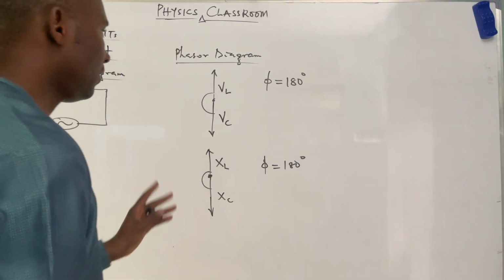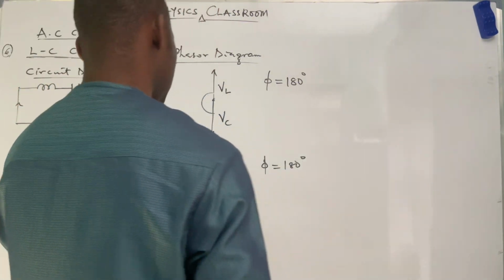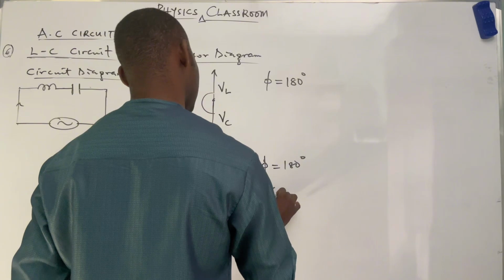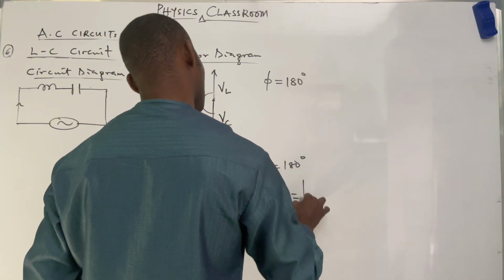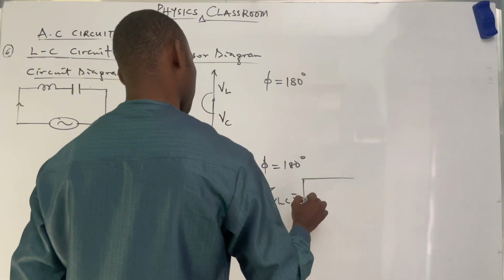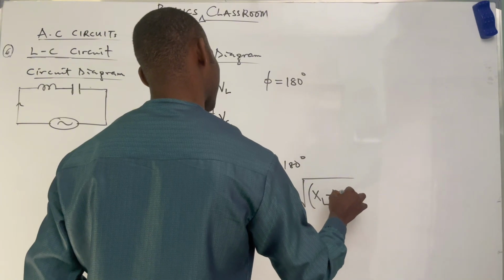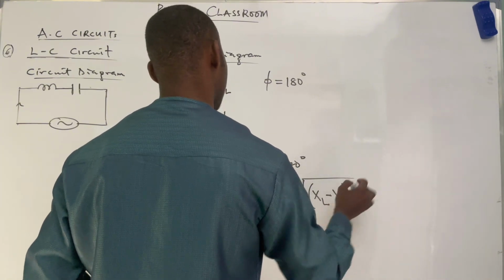Now, for us to get the impedance ZLC, it will be equal to root of XL minus XC all squared. Understand?